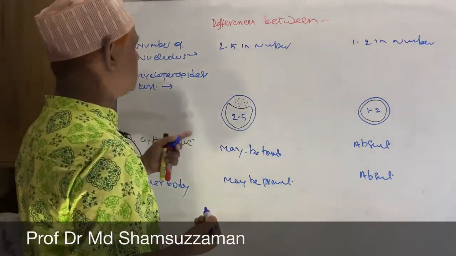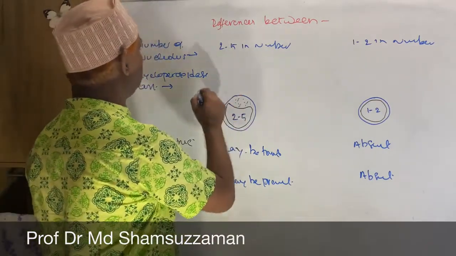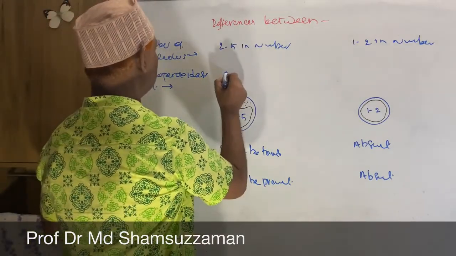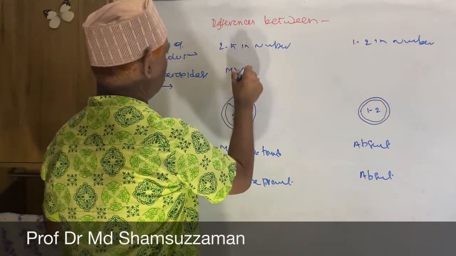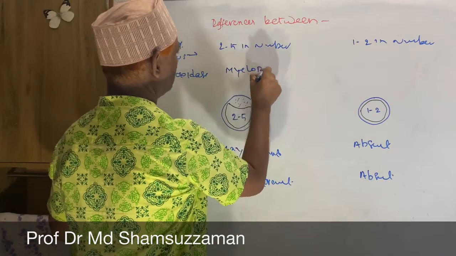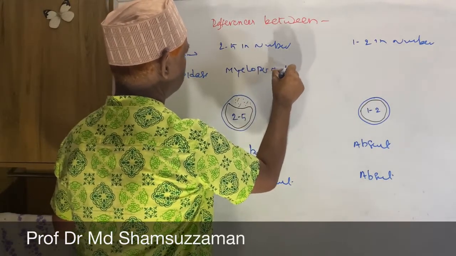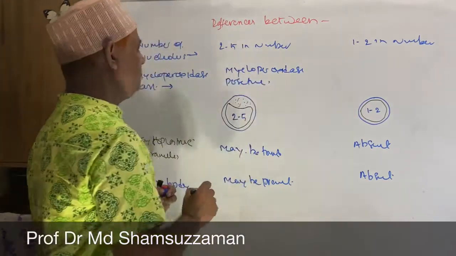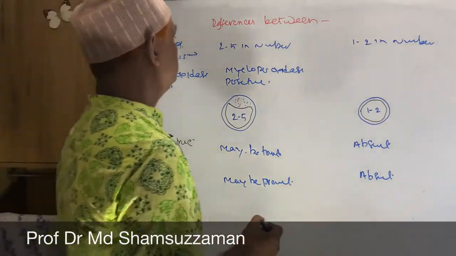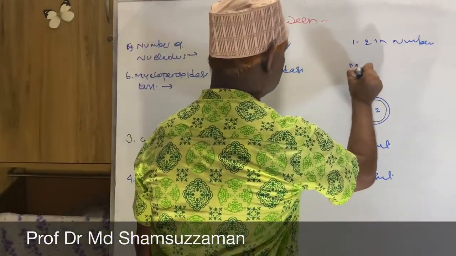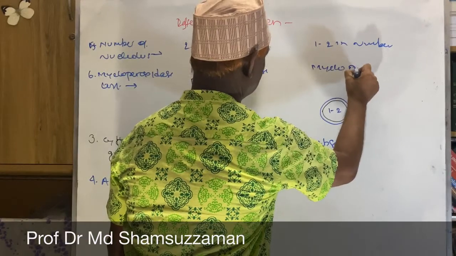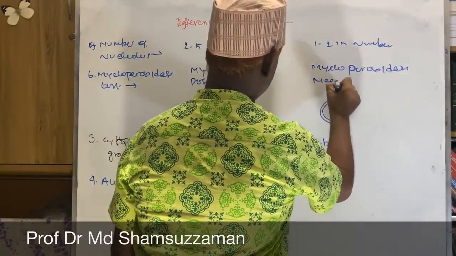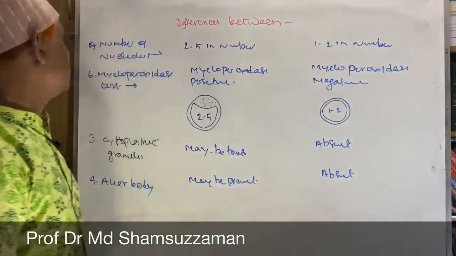Myeloblast is myeloperoxidase positive, and lymphoblast is myeloperoxidase negative.